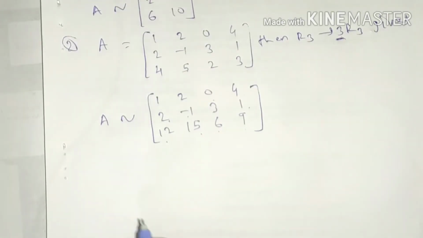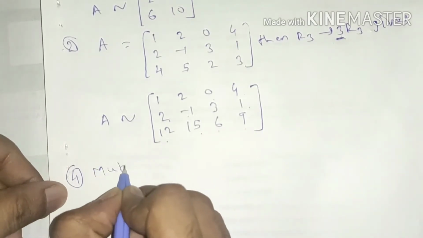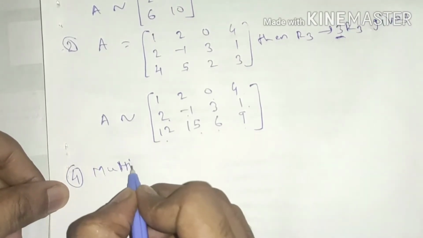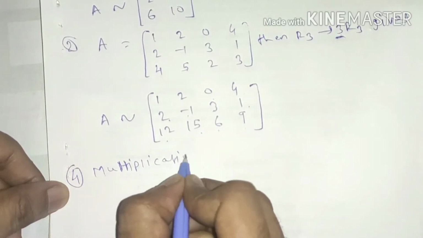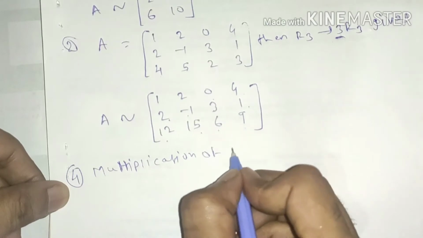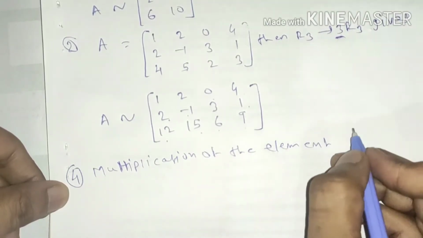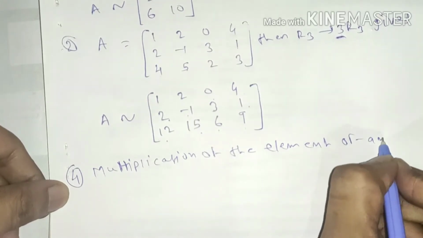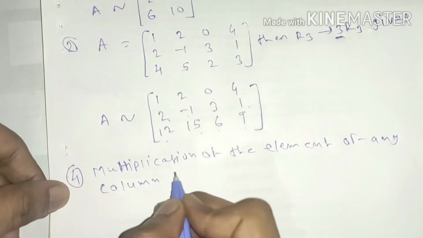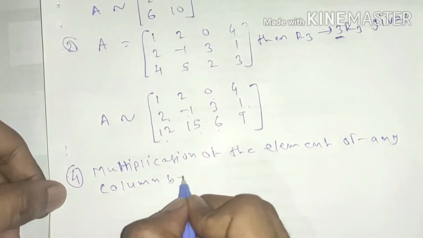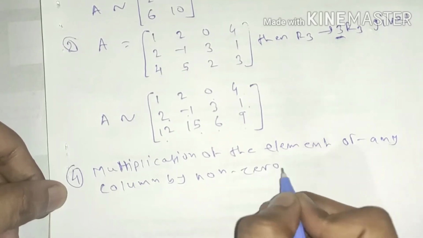Now we will see the next elementary transformation, the fourth: multiplication of the elements of any column by a non-zero scalar.